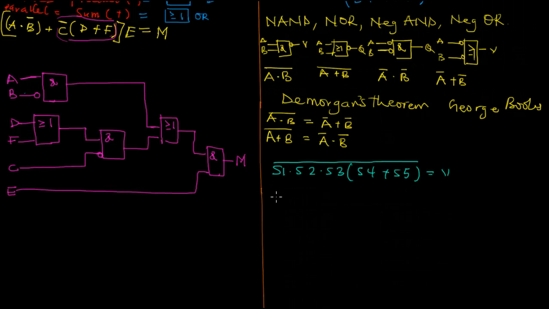That is, S1 dot S2 dot S3 has its own bar.